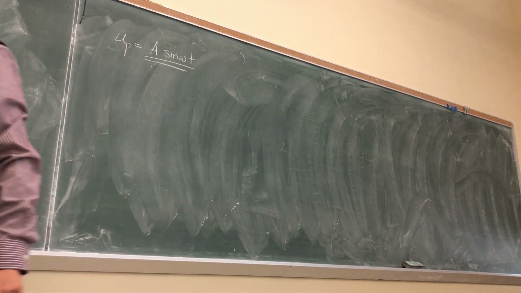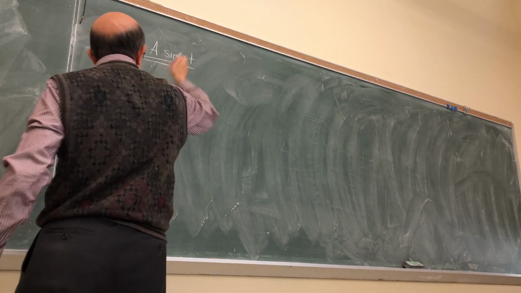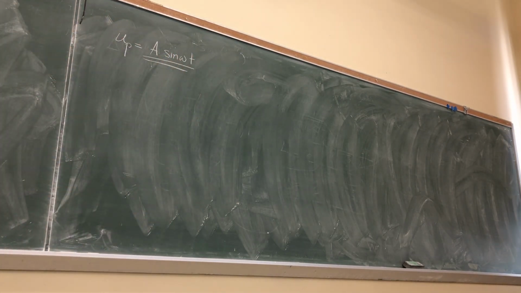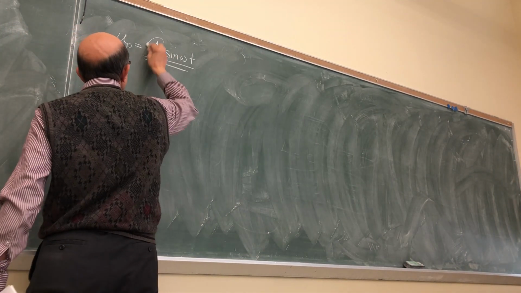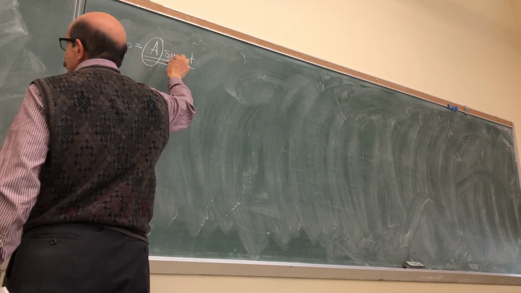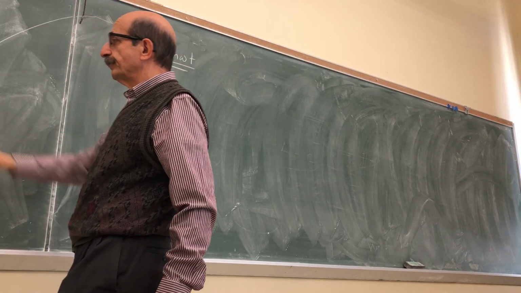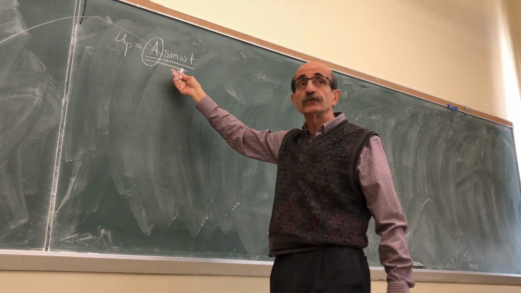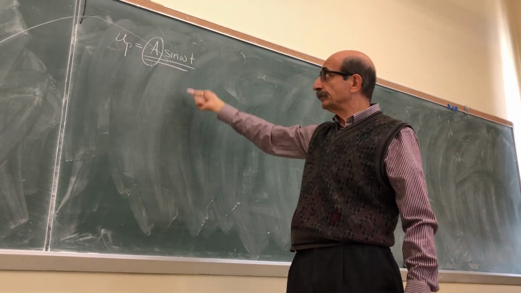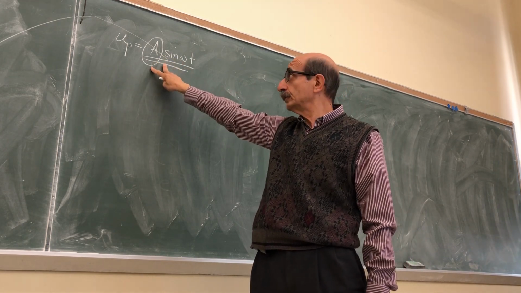When the system is undamped, the frequency of this is the same as the frequency of the forcing function, so you need to find the amplitude. So you substitute this assumed solution back into the equation in order to find the unknown amplitude.